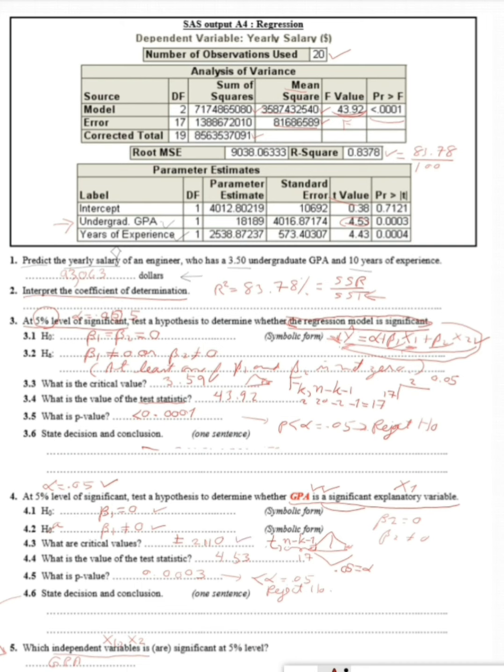And test statistic, from the table, 4.43 for years of experience. P-value, as you see, 0.0004. Smaller than alpha 0.05. Reject H0, therefore years of experience is also a significant explanatory variable. Therefore, you write here years of experience like this.